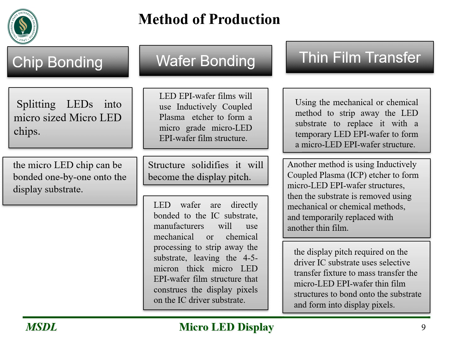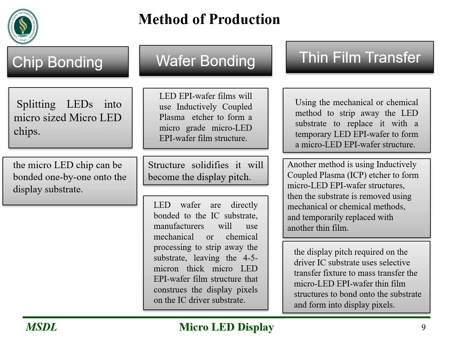Once this structure is solidified, it will become the display pitch. Once the LED wafer, including the epi wafer and substrate, is directly bonded to the IC substrate, the manufacturer will use mechanical or chemical processing to strip away the substrate, leaving the 4 to 5 micron thick micro LED epi wafer film structure that constitutes the display pixel on the IC driver substrate.